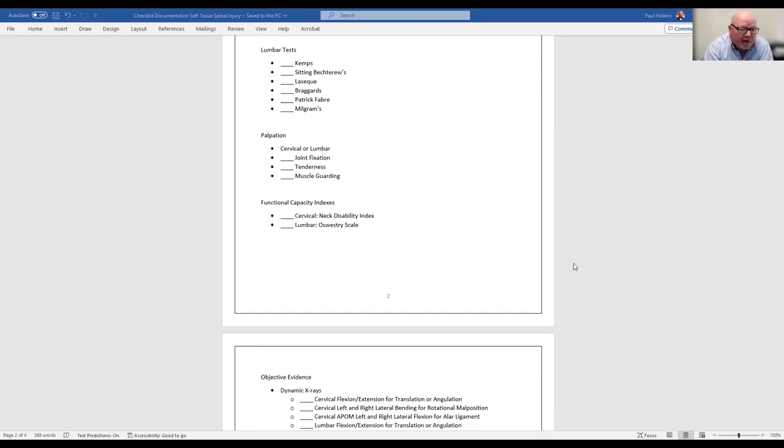Well, now we're going to have some functional capacity indexes. Now in the neck, we're going to be paying attention to the neck disability index. So remember, what we're paying a lot of attention to with these functional capacity indexes is overpressure range of motion. Not that they can just do something with active range of motion. Most people will. And if they can, I'm going to pay attention to active range of motion in the plane of motion.